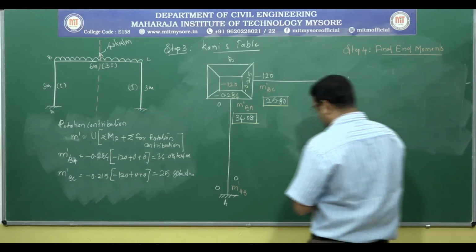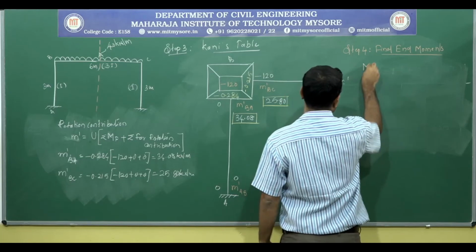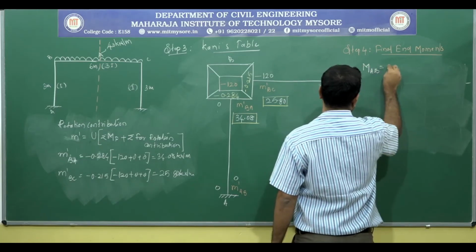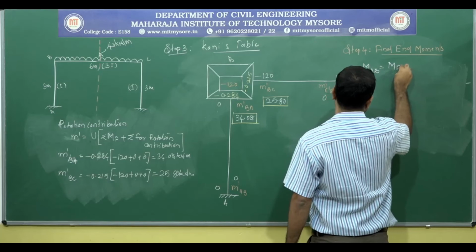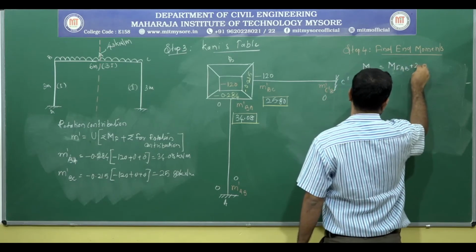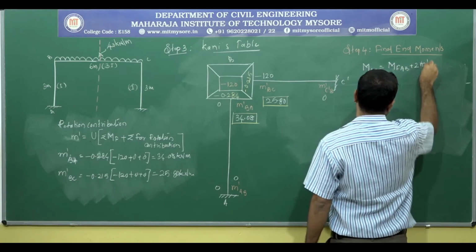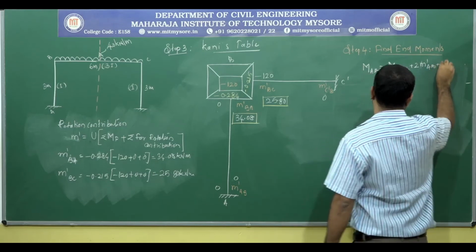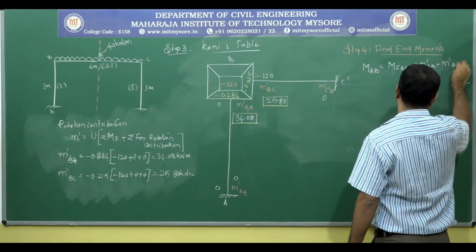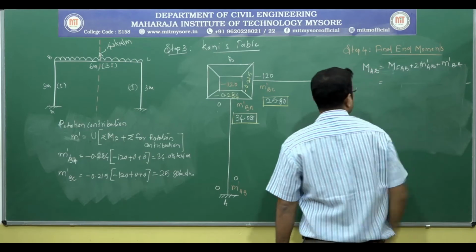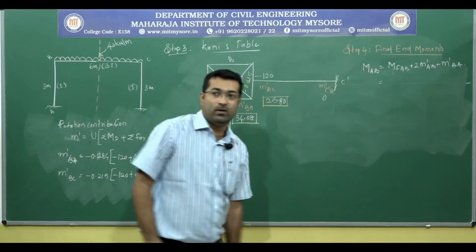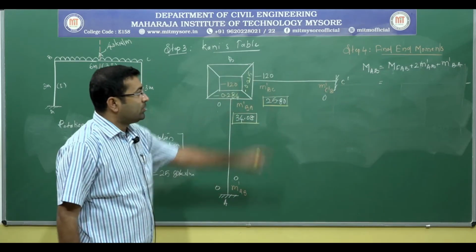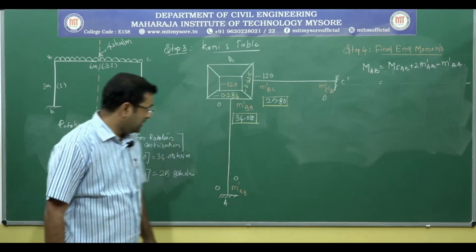Okay. So, here let me start with MAB. MAB is equal to MFAB plus 2 M dash AB plus M dash BA. This is the formula to calculate the final end moment. Here, how much is MFAB?